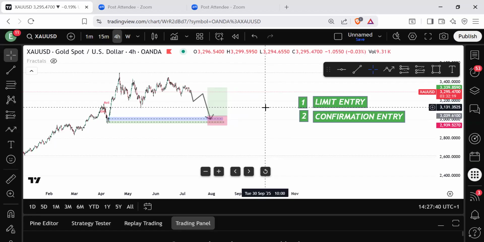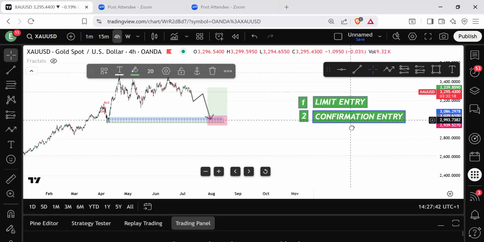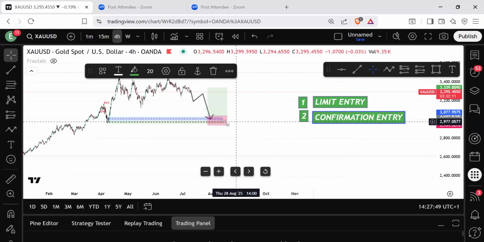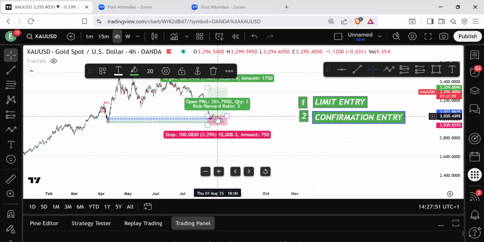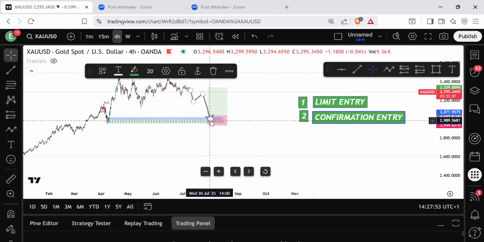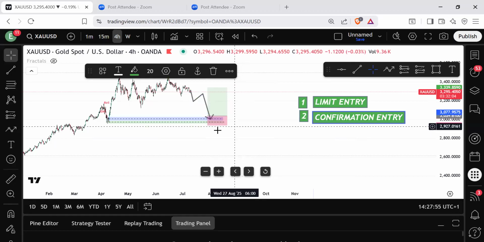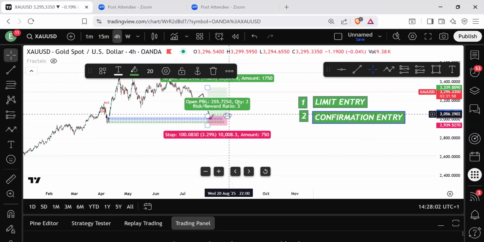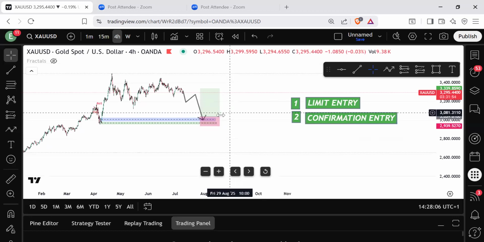Because now, we are using confirmation entry for us to increase our risk to reward ratio. Because when you go to the lower time frame, you are able to use smaller amounts to make bigger profit. Okay. For making smaller profits, right? In that shorter time frame, I mean, small time frame.